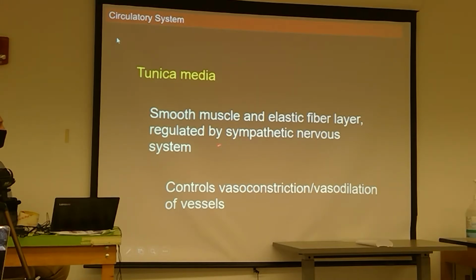These sympathetics will then stimulate this smooth muscle to vasoconstrict or vasodilate. So vasoconstrict means that the diameter of the artery is going to get smaller, and dilate, if you think of how your eyes dilate, the diameter of that artery will get bigger, right?